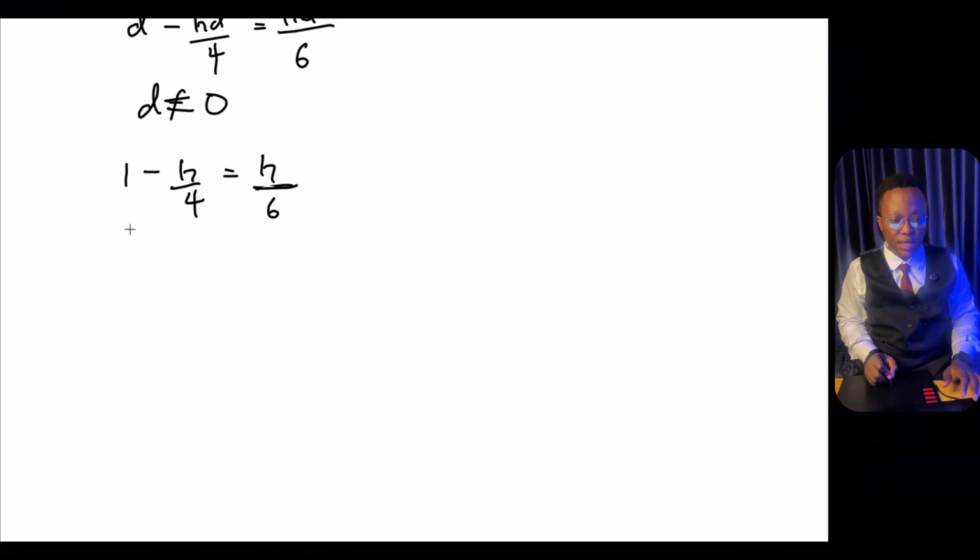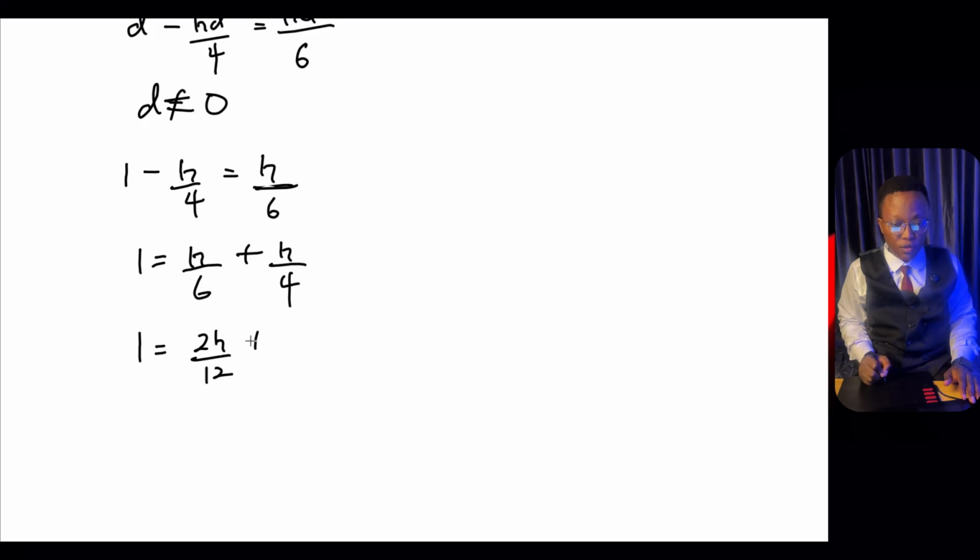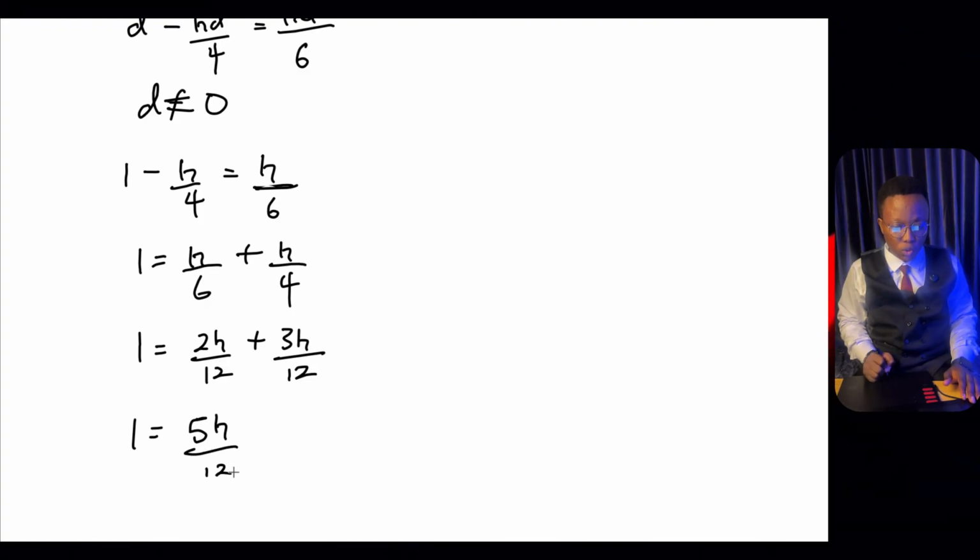We can say that 1 is equal to h all over 6 plus h all over 4. So that 1 is equal to, this is simple fractions, 2h all over 12 plus 3h all over 12, which gives us 1 equals 5h all over 12.